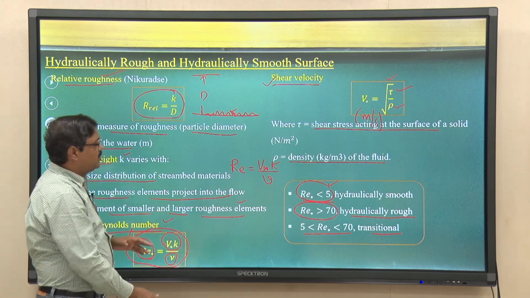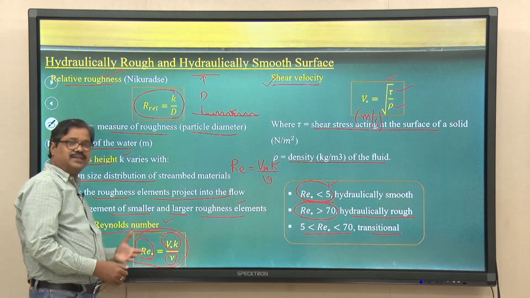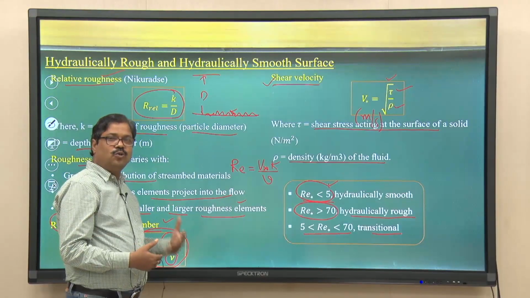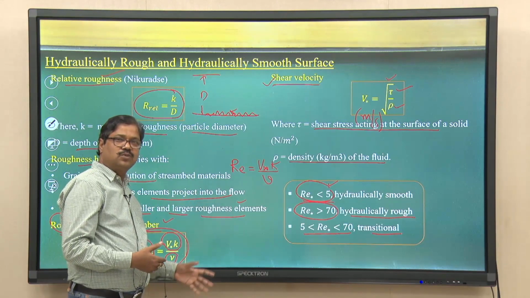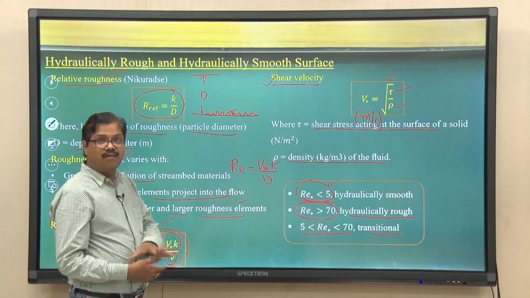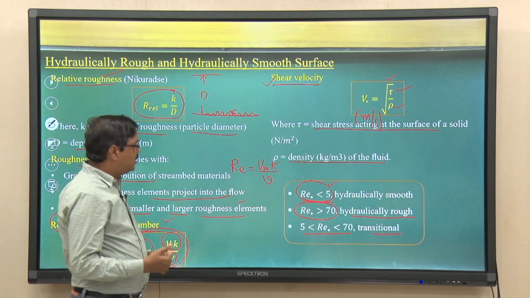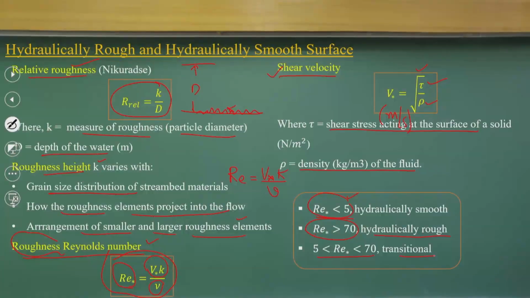So, now we try to understand, at the near-bed boundary, whether it is hydraulically smooth or hydraulically rough. That is what we decide, just as we decide laminar or turbulent flow in pipe flow or open channel flow.